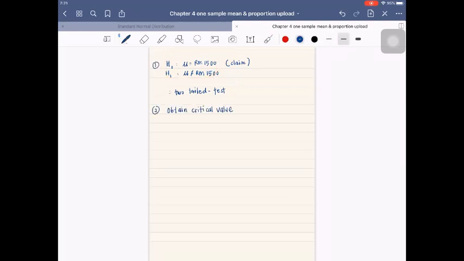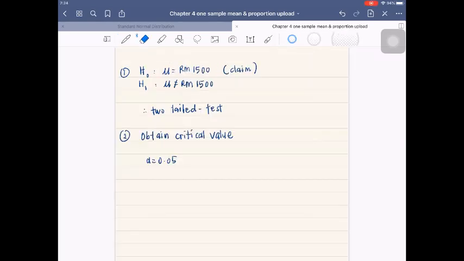First step, just now we determined our hypothesis statement and also the claim of our analysis. Second step, we need to obtain the critical value. The question asks us to test at alpha equal to 0.05.